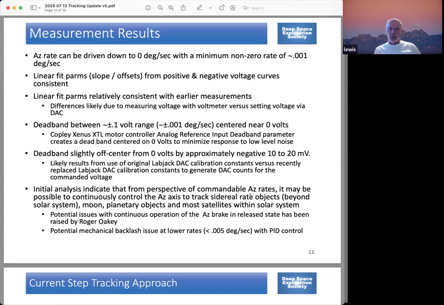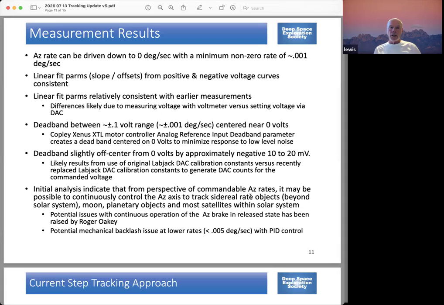We didn't measure the full voltage range that we had earlier because we were focused on the slower portion of the curve. So what we found is there's a dead band in the plus or minus 0.1 volt range where all of those voltages are interpreted as 0.